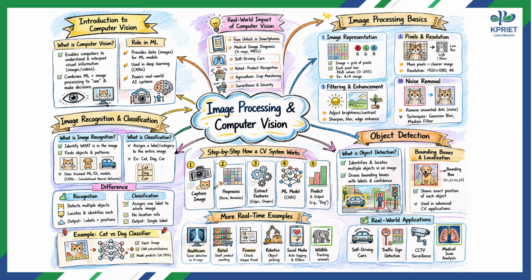The difference is that recognition can detect multiple objects, whereas classification assigns one label to the whole image. Recognition locates and identifies each object, while no location information is available in classification. The outputs are labels and positions in recognition, and the output is a single label in classification.